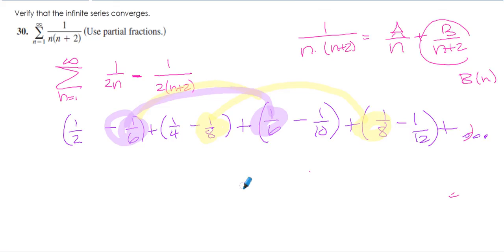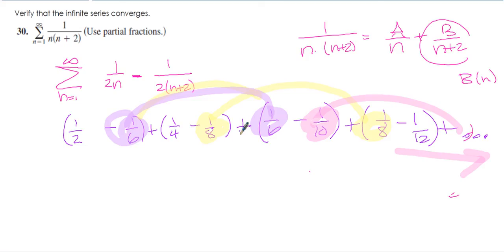So this 1/6 cancels with this 1/6, 1/8 cancels with 1/8, and everything else from here on out is going to cancel out with something. So I've got the 1/6, the 1/8, this minus 1/10 will cancel out with the next piece over here, all the way down.